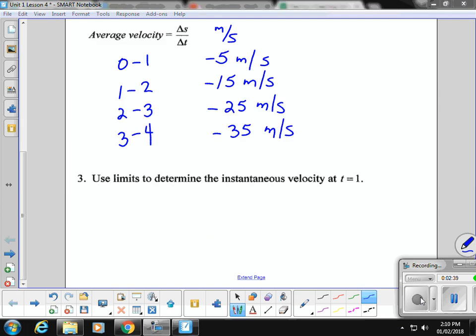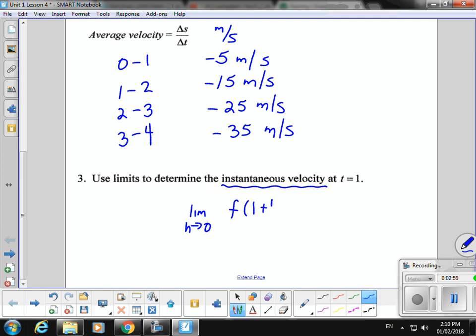So from yesterday, we're going to use limits to determine the instantaneous velocity at t equals 1. So we are looking at the limit. So the instantaneous velocity would be the limit as h approaches 0 for the function at 1 plus h, subtract the value of the function at 1, all over h.